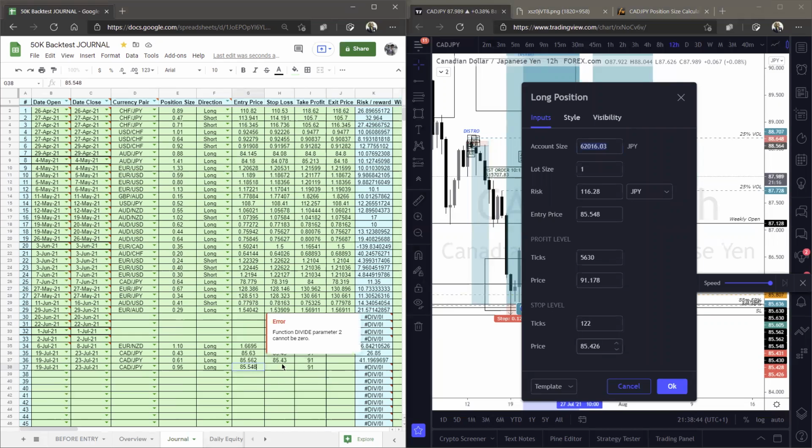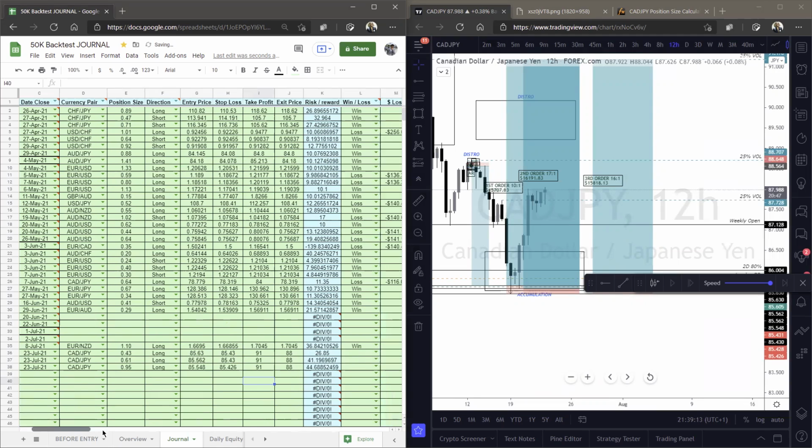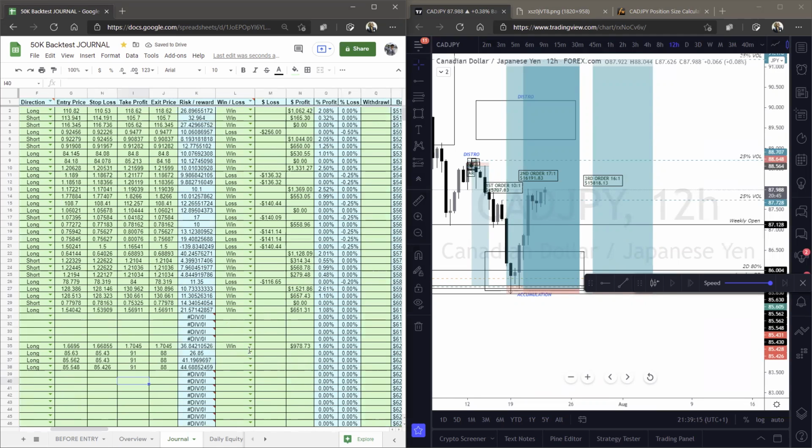Stop loss 426. Okay, we'll just basically do it as markets 80. I'll put 88. Was a win.